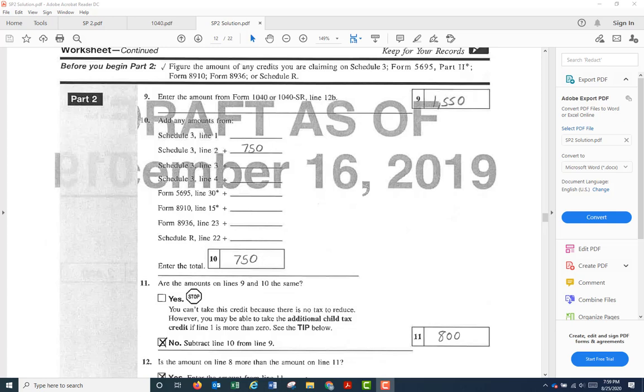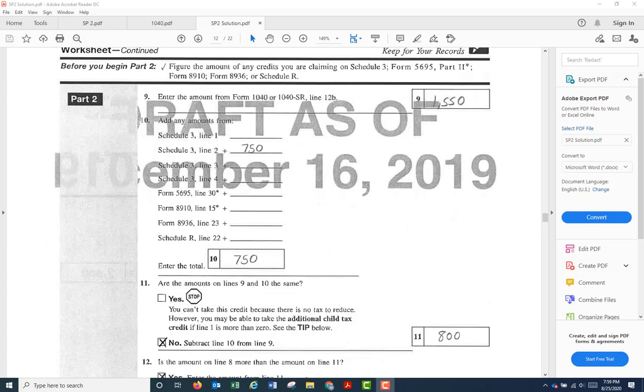But first, in part 2 here, we need to know what our tax liability, the amount of tax owed, is, and what other credits are being applied to this tax liability before we apply the child tax credit and then the additional child tax credit if all of that is applicable.